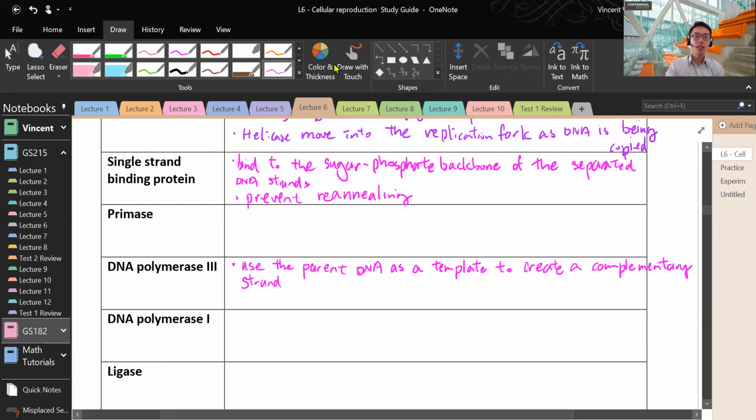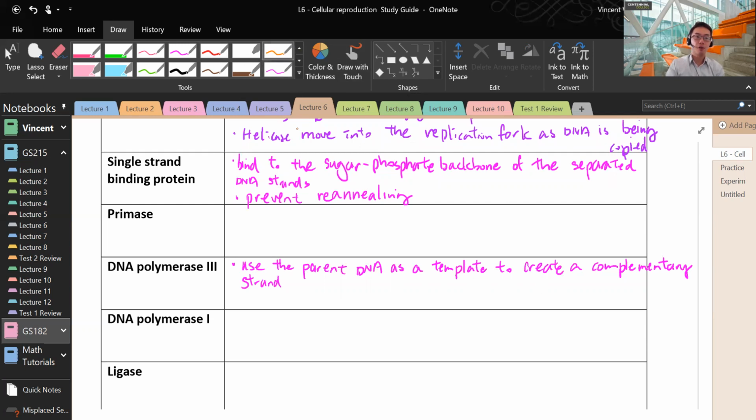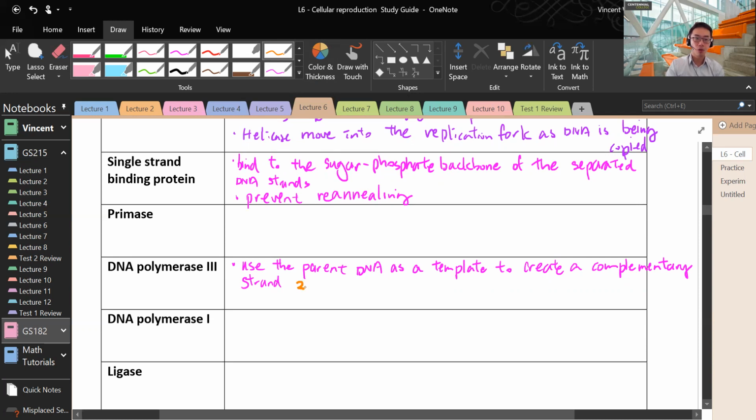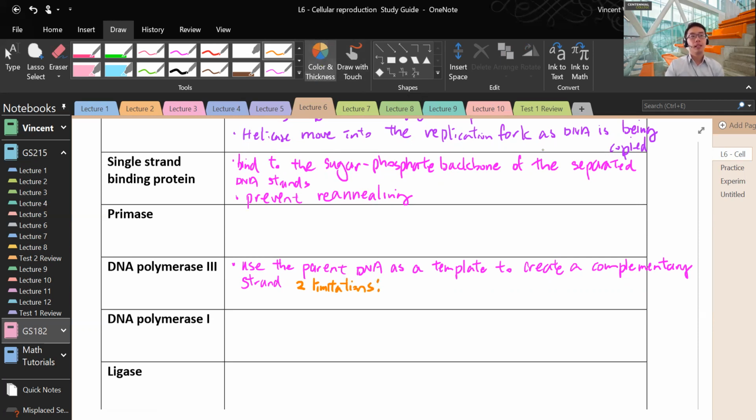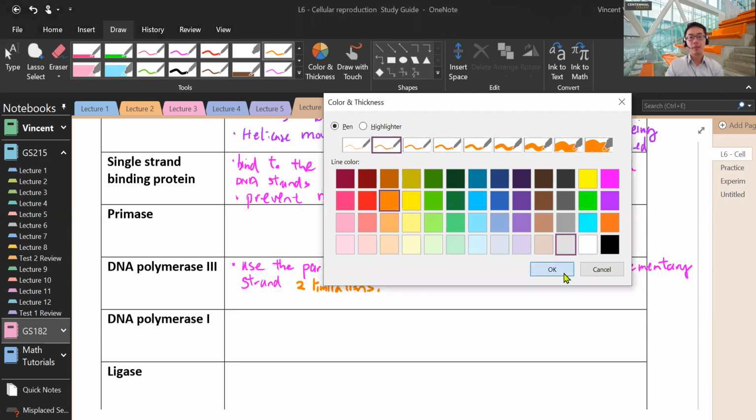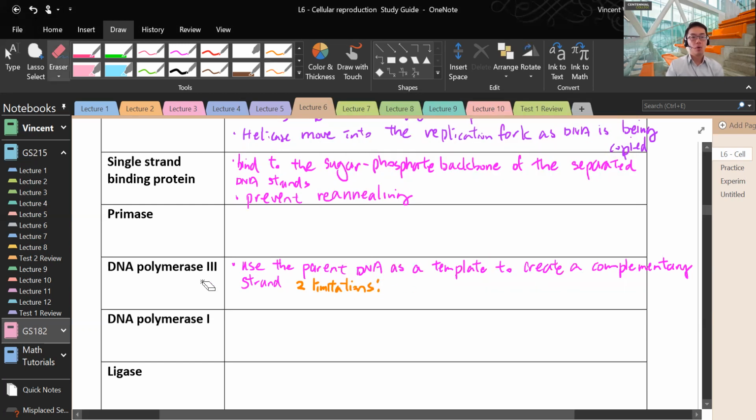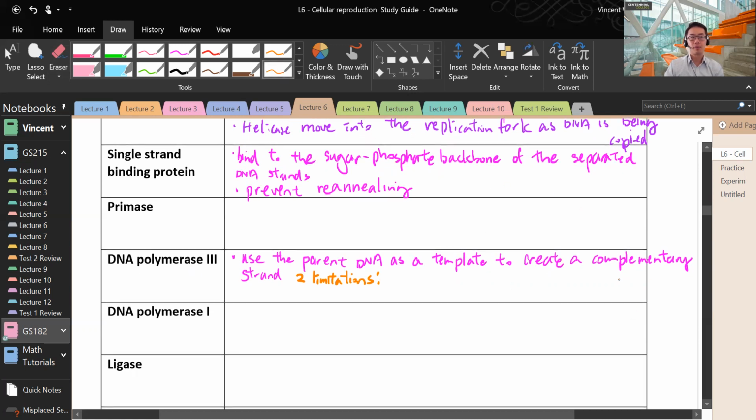Okay, but there are 2 limitations here for our DNA polymerase. I'm going to write them down for you. 2 limitations. Anybody remember what the limitations are from the lecture? Help me out here. What is the problem with this thing? 2 problems.